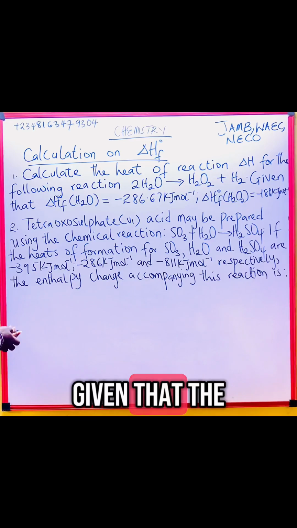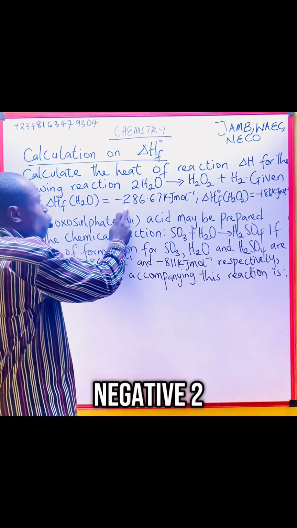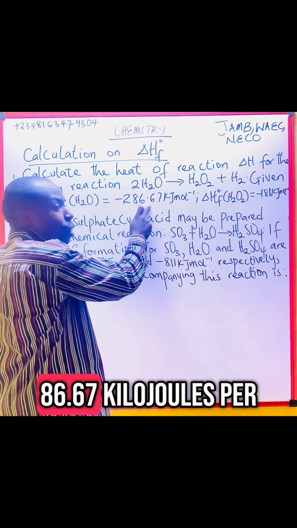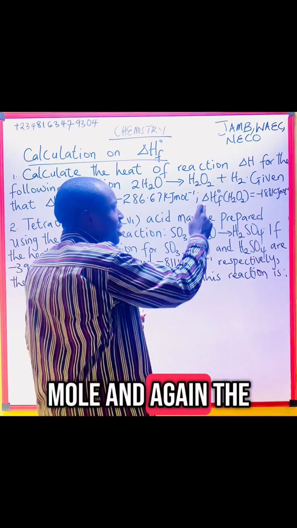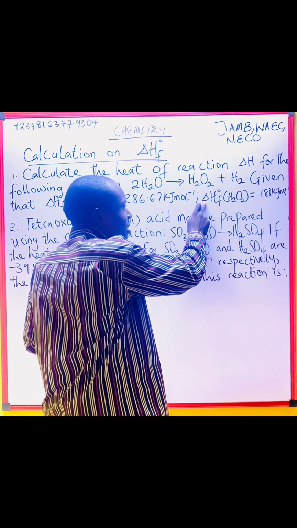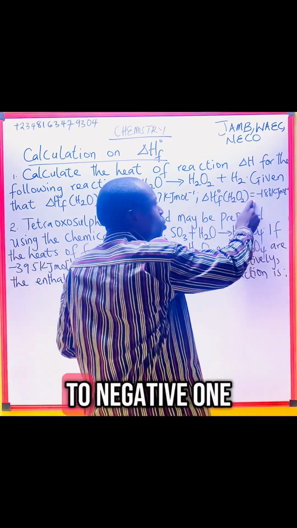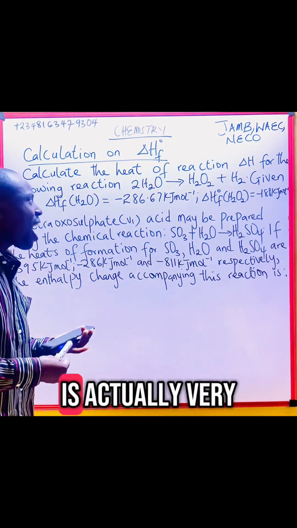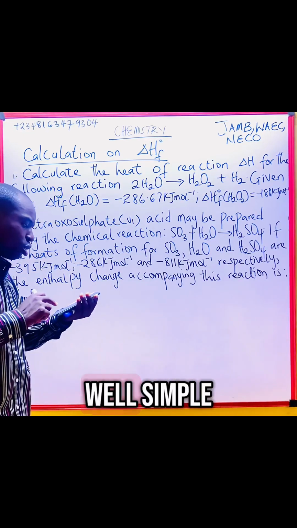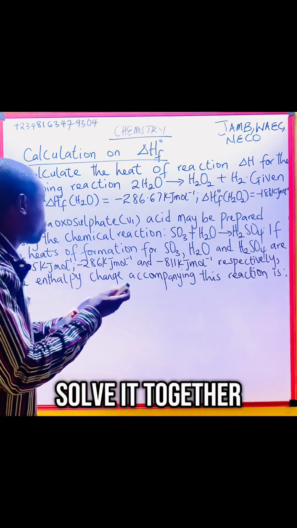Given that the standard heat of formation of water is negative 286.67 kilojoule per mole, and the standard heat of formation of hydrogen peroxide is equal to negative 188 kilojoule per mole. It is actually very simple. Let us see how we can go about it as we solve it together.